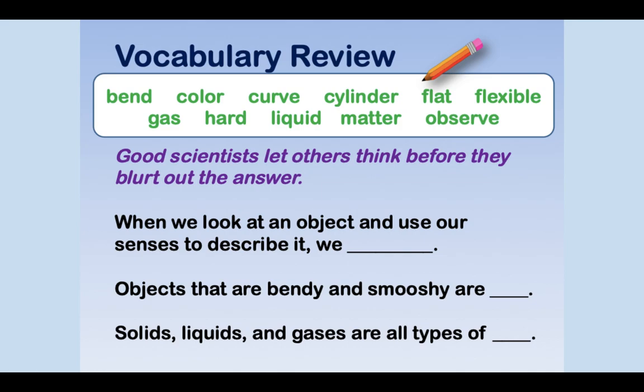Objects that are bendy and smushy are... we look at the words in green and try to figure out what word fits best. Solids, liquids, and gases are all types of... Look at the words in green and try to figure out which word completes this sentence. Pause the video here so you can think about the answers to each question.